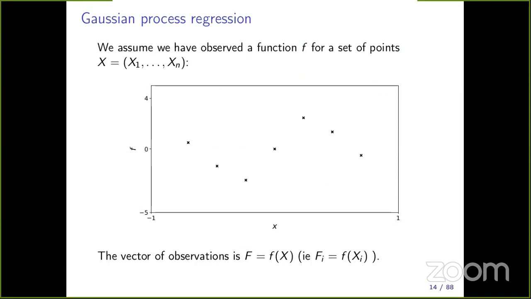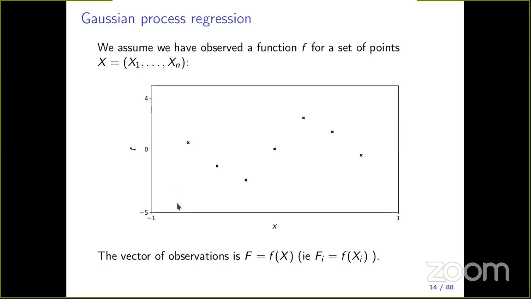So now let's say a few words about Gaussian process regression again. Let's say we have observed a function f at a few locations in space. So for a few input points, we've observed the value of f, and we want to have an idea about what's happening outside the points we have observed.